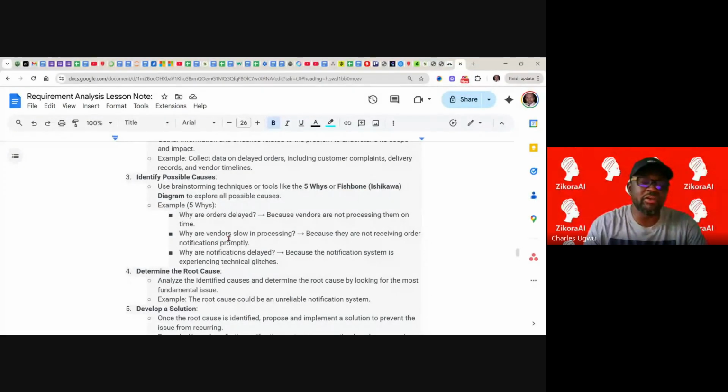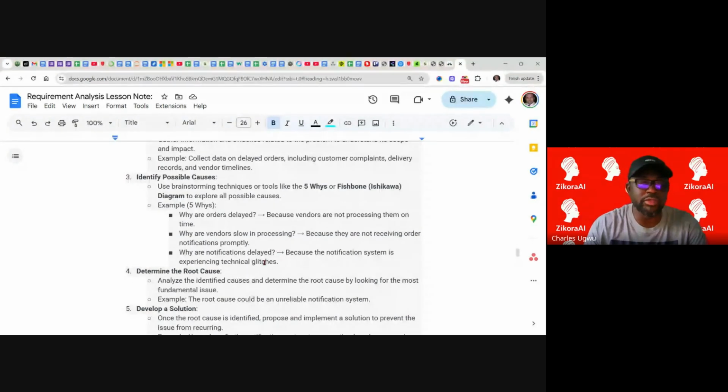Why are vendors slow in processing? Because they are not receiving order notifications promptly. Why are order notifications delayed? Because the notification system is experiencing technical glitches.